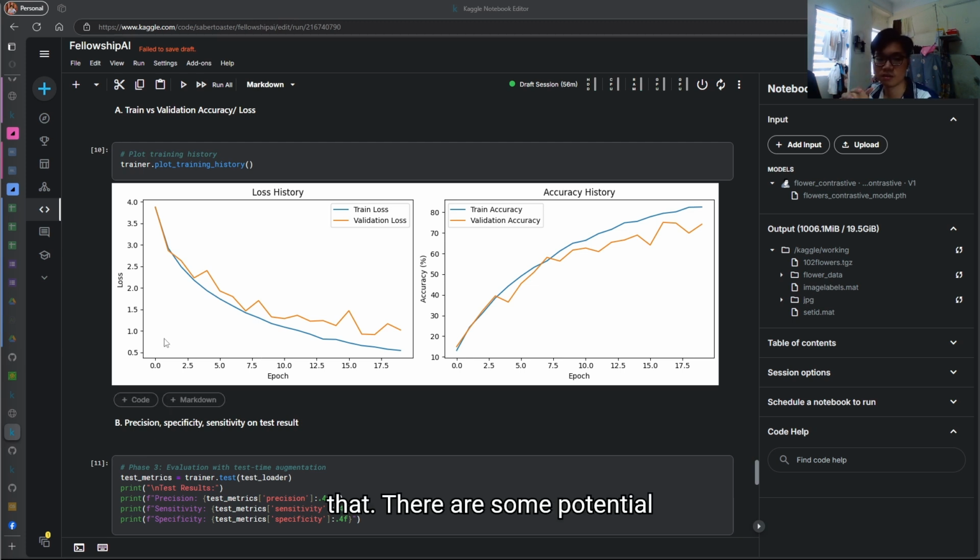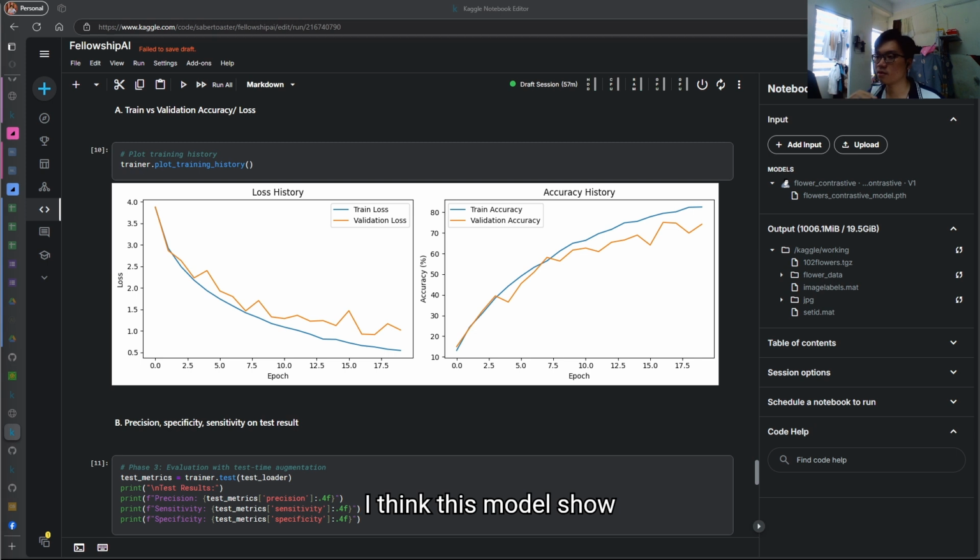There's some potential for improvement here. This could benefit from a learning rate schedule to stabilize later epochs, and additional regularization might help reduce the training-validation gap. And the last one, maybe longer training might yield marginal improvements, as the curves haven't completely plateaued yet.